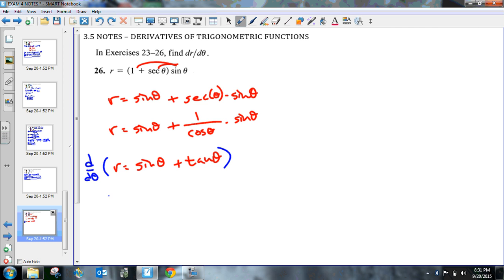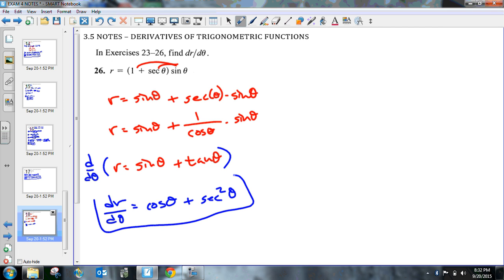As a result, I'm going to get dr d theta, the derivative of r with respect to theta. The derivative of sine gives me cosine theta, and the derivative of tangent gives me plus secant squared of theta. And that's it. So if you know your rules, this is easy.